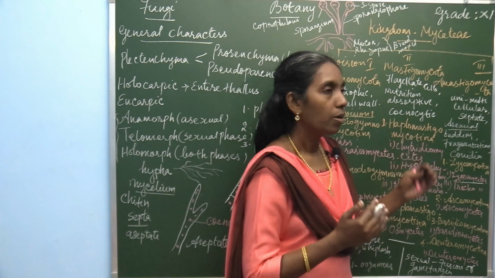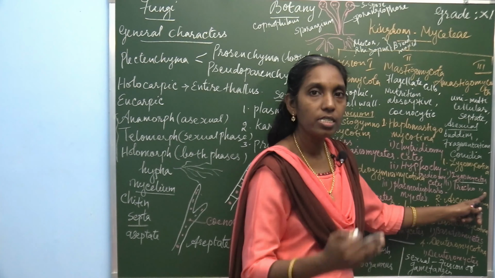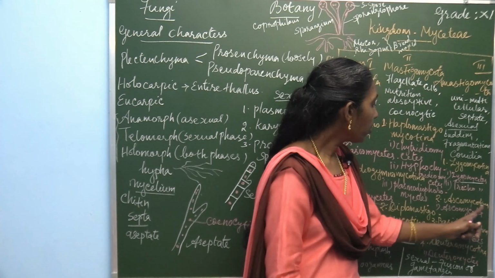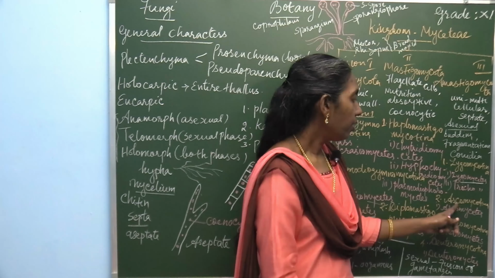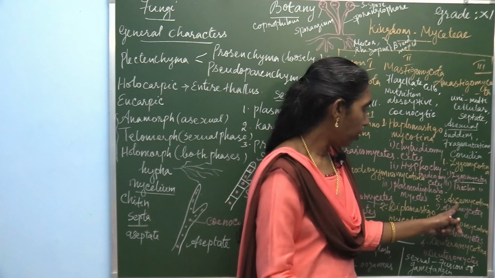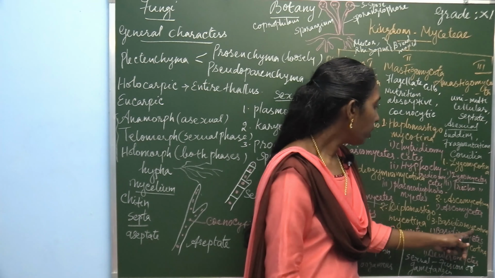Zygomycotina is divided into two classes: Zygomycetes and Trichomycetes. Ascomycotina has the class Ascomycetes. Basidiomycotina has the class Basidiomycetes, and Deuteromycotina has the class Deuteromycetes.